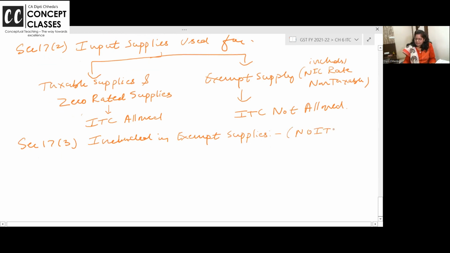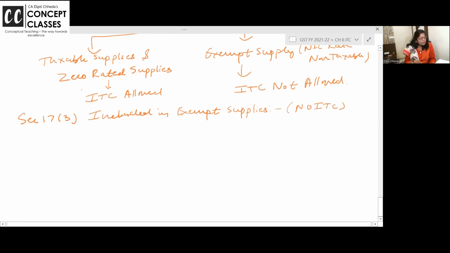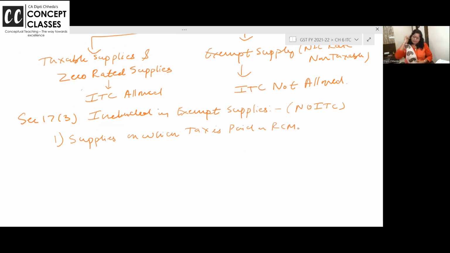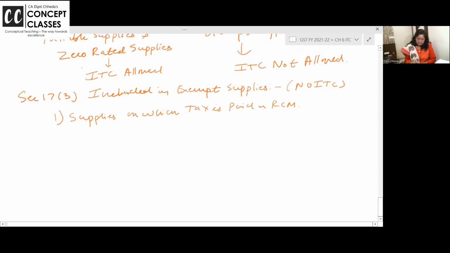No ITC on क्या-क्या चीजों पे ITC नहीं मिलेगा? Supplies on which tax is paid on RCM. मतलब this is like treated as exempt supply, मतलब obviously आप उसको output supply में नहीं लोगे. Okay, just know this list is enough.